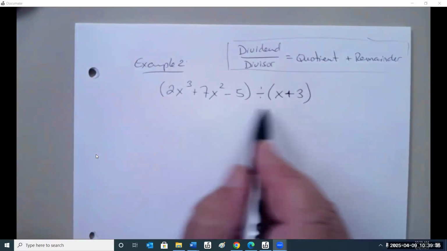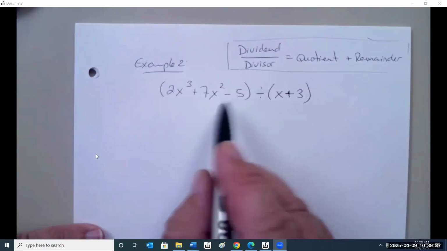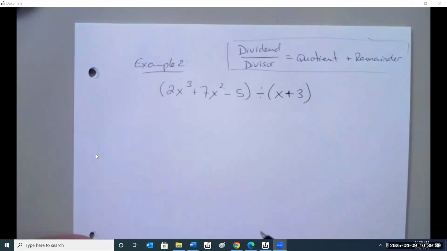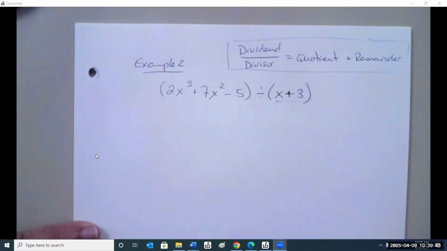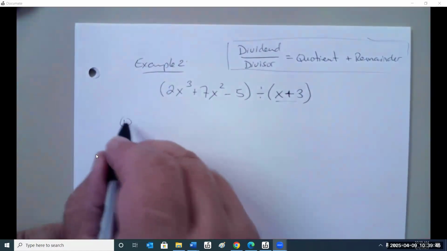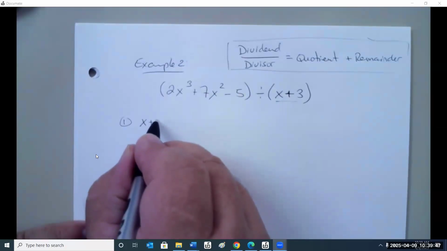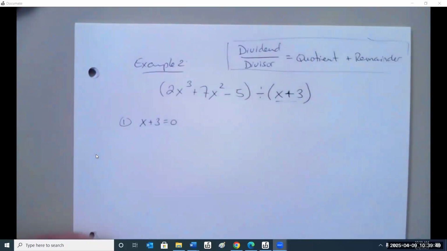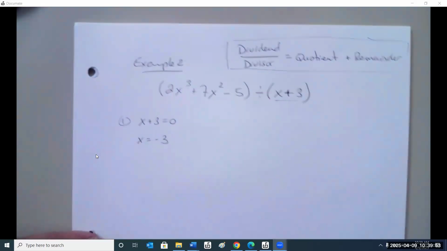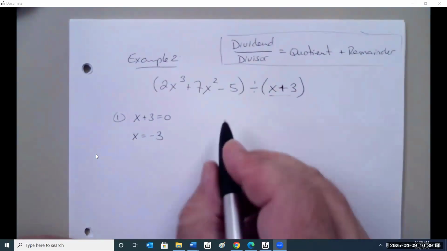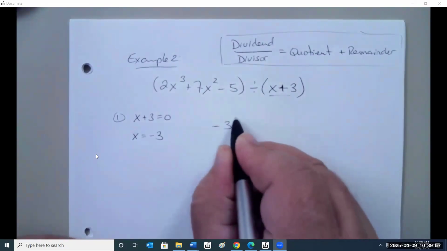All right, so let's look at synthetic division here. Can we use synthetic division? Because the bottom is x plus or minus a number. So first step, take the bottom number, set it equal to 0. So that goes on the outside.